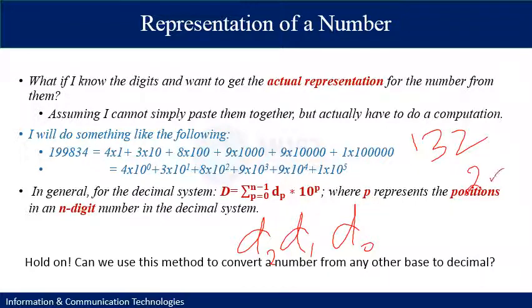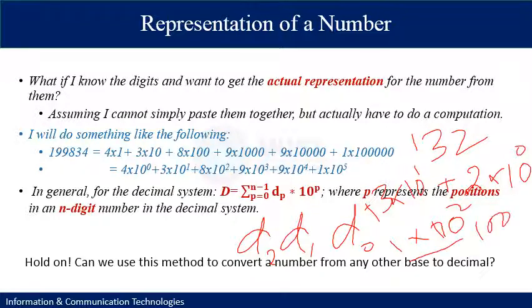So 2 will be multiplied by 10 raised to power 0, plus 3 will be multiplied by 10 raised to power 1, plus 1 will be multiplied by 10 raised to power 2. So this computes to 100, this computes to 30, and this computes to 2. So our result will be equal to 132.